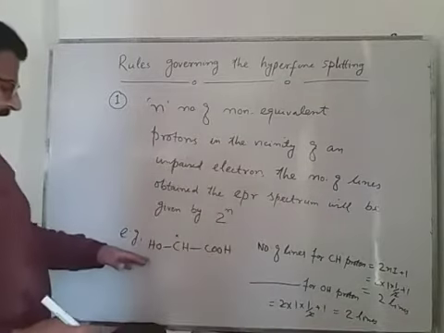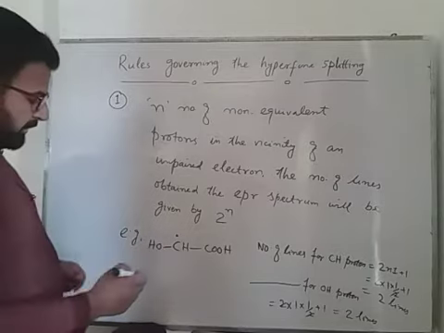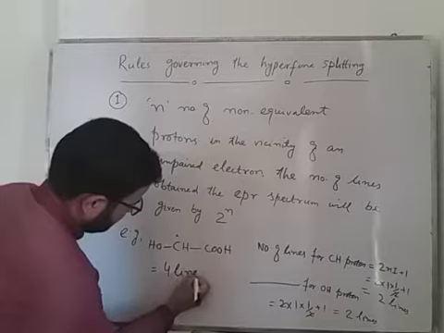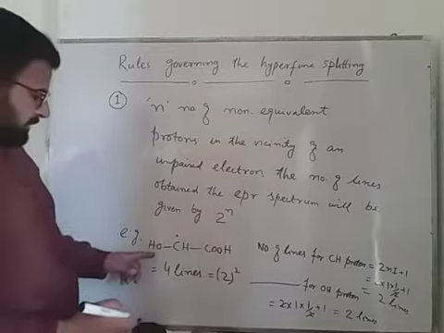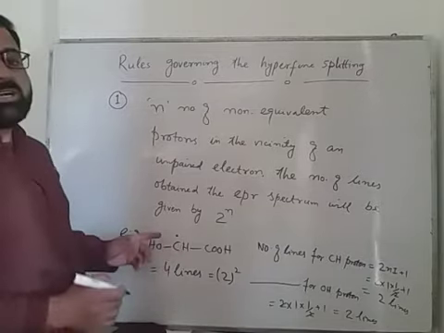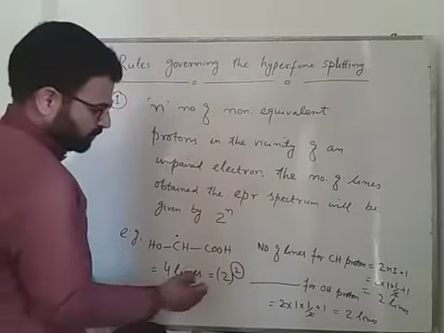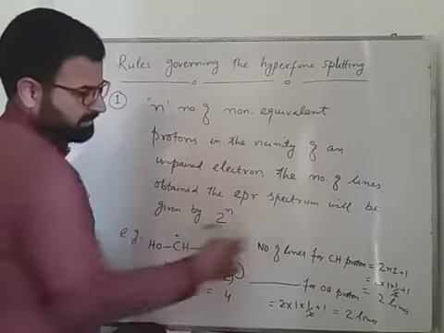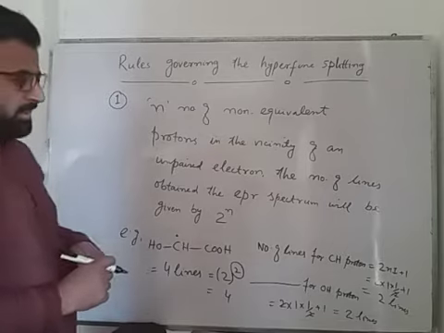So the total number of lines obtained in this type of molecule will be equal to 4 lines, and 4 lines is equal to 2 squared. Since there were two types of non-equivalent protons on which the unpaired electron was localized, our n here is 2, that is 2 raised to power 2 is equal to 4. That is the total number of lines we obtained in this molecule.